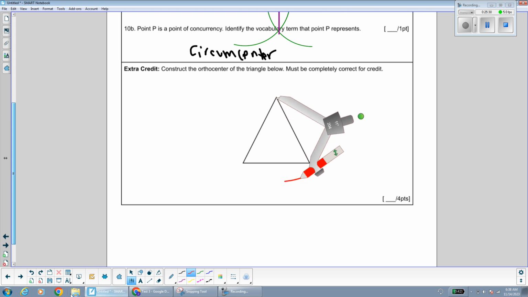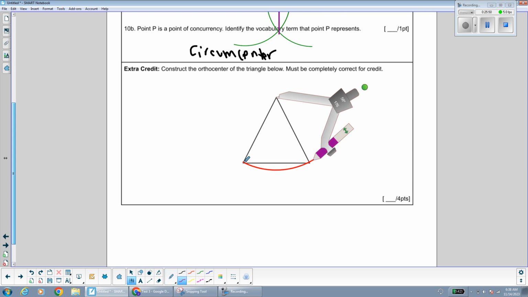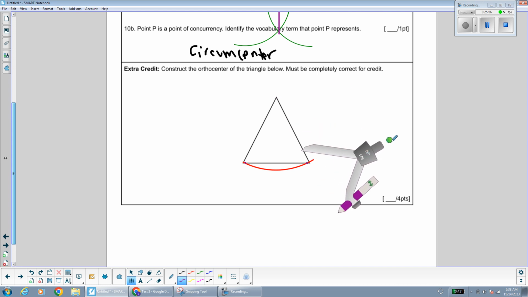And all I want to do is make an arc. And what my arc needs to do is intersect the side of the triangle in two spots. Just trying to get a good distance for that. No, it needs to be a little bit bigger. Sometimes it takes a little bit of trial and error here. There we go. So we have one intersection point and another intersection point where it intersects the side of the triangle.